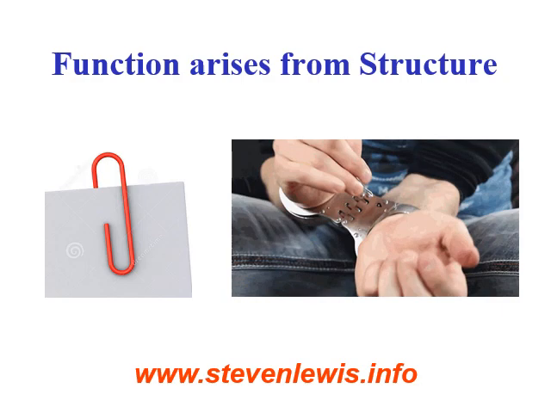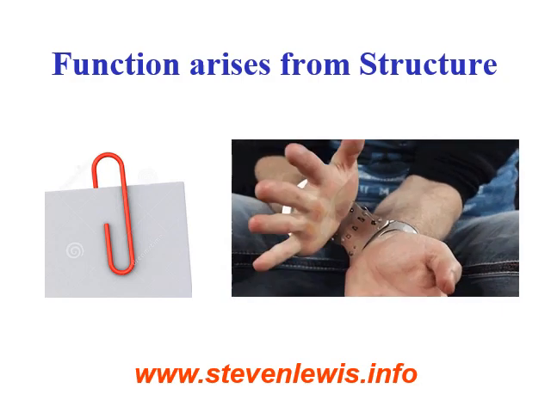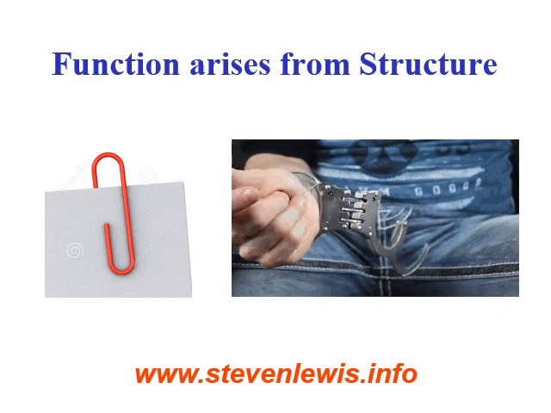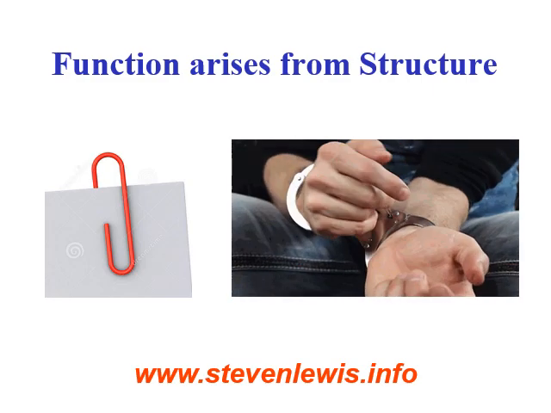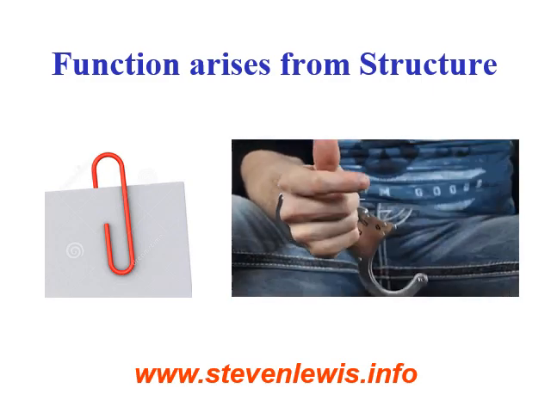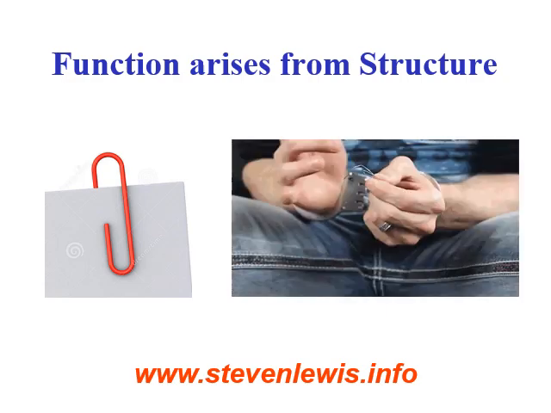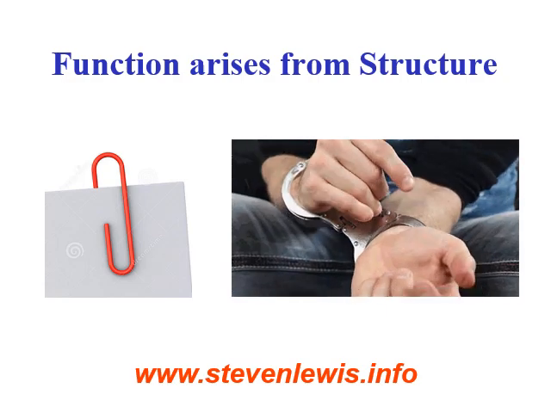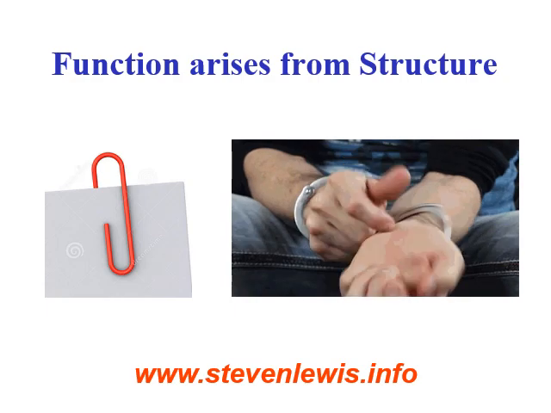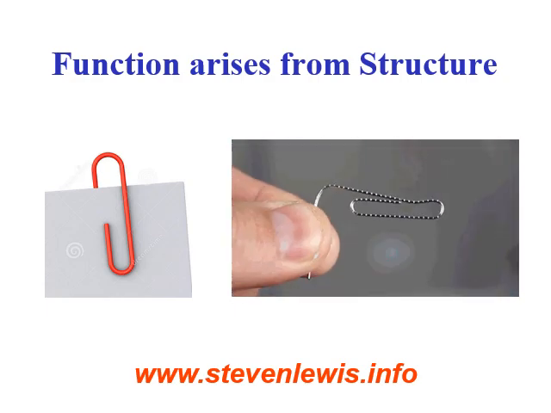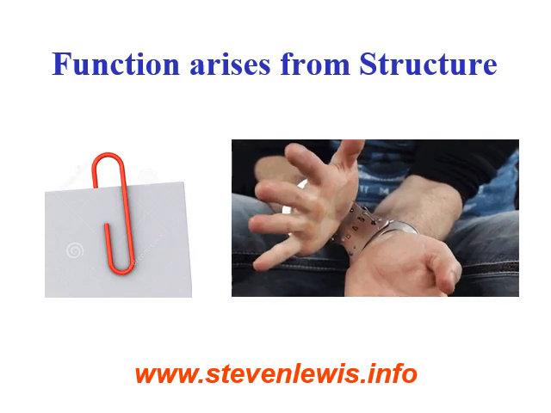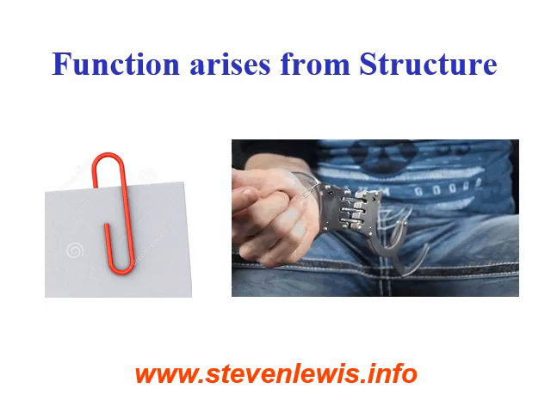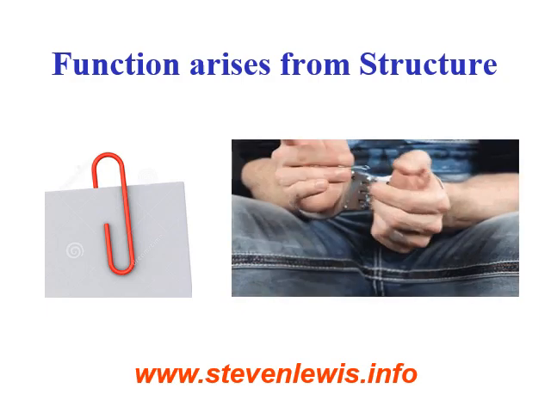You may be able to use it as a fingernail cleaner, or as a weapon on an airplane, or to pick a lock. But you're not likely going to be able to use it anymore as a paperclip. Unfolding a paperclip doesn't change its composition, it changes its structure. But by changing the structure of the paperclip, you can change its function.